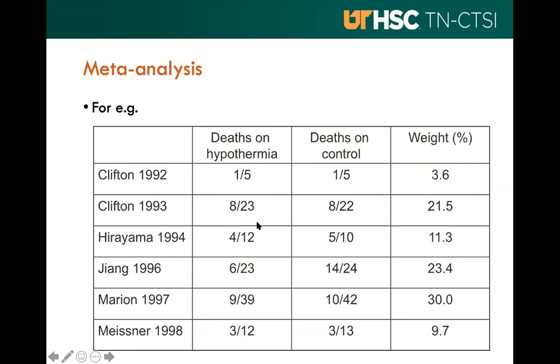And the next year, Clifton again conducted another study in a larger number of participants. This study gets a higher weight. And other studies with larger sample size, like here, get more weight. So the total weight adds up to 100%.